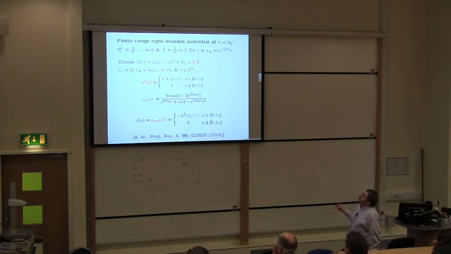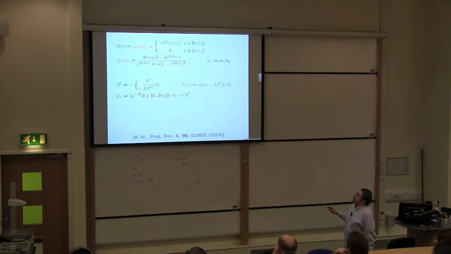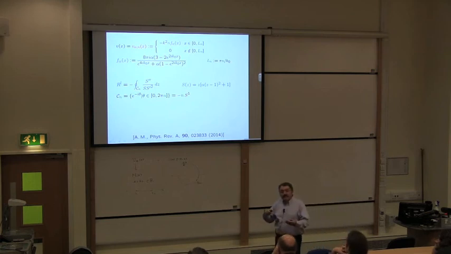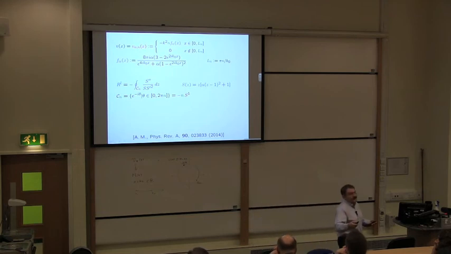Why have I introduced this n and alpha? Because it allows me to tune and get any left reflection that I wish. You see? It is invisible from the right, but it has some reflection amplitude from the left.